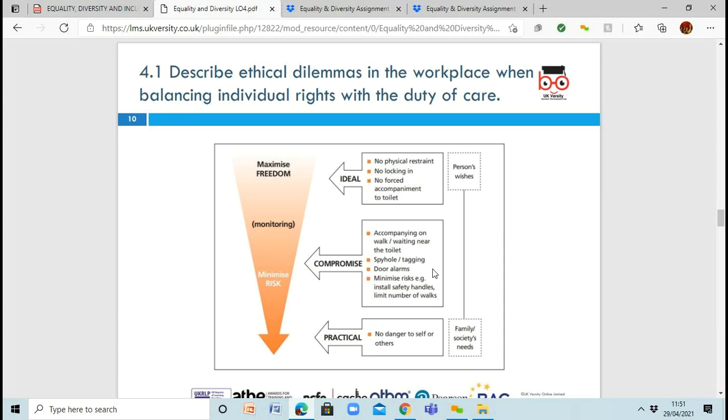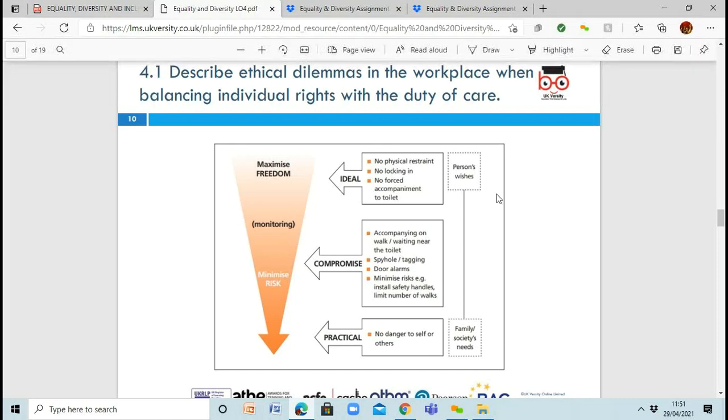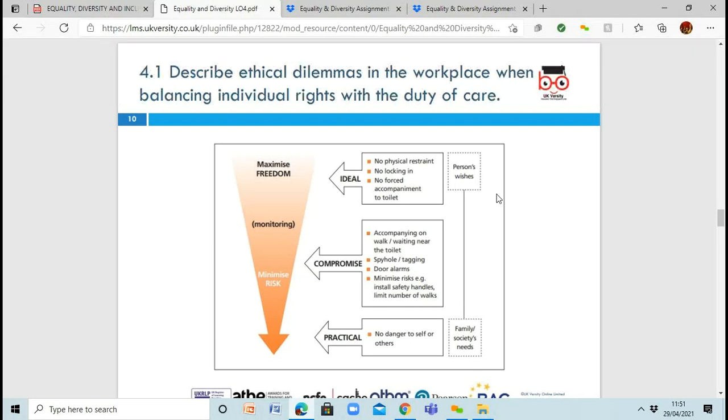And you might install safety handles, the bigger handles where someone can pull themselves up steps. Or you might want to limit the number of walks. And then practical, so according to family and society's needs, there's no danger to self or others, and everything's fine. So this just gives you a nice little idea of how you would look at different risks.